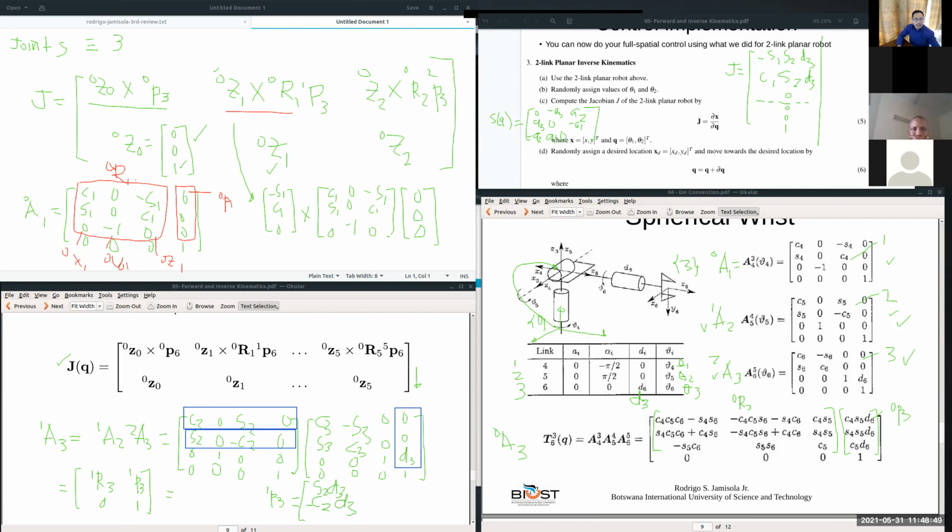Okay, then next we go to the last row and the last column, I mean the third row and the last column. So it's 0 times 0 plus 1 times 0, again that's 0, plus 0 times D3, that's 0, plus 0 times 1. I didn't include this.